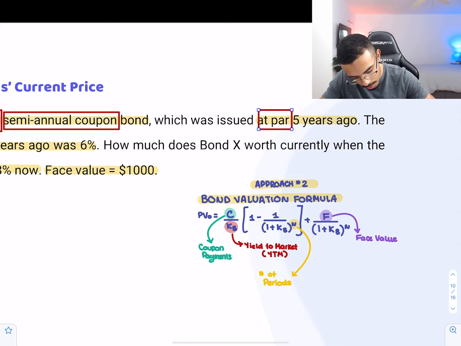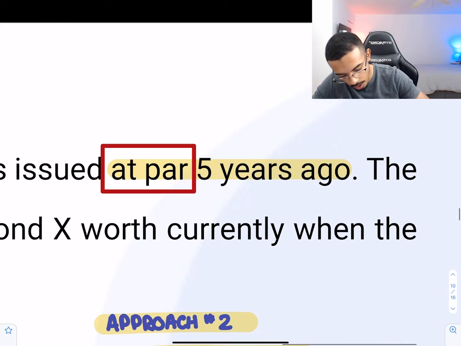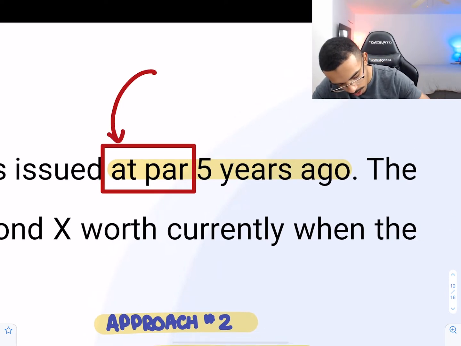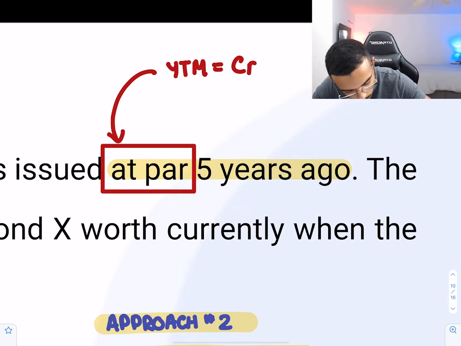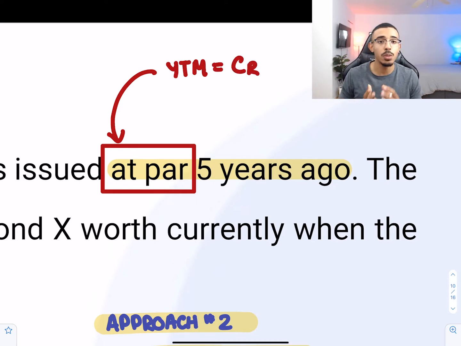And this essentially means, I'll zoom in for y'all, that YTM was equal to the coupon rate, okay? So the yield to maturity 5 years ago was equal to the coupon rate 5 years ago. This is going to be crucial for us when we want to calculate our coupon payments, okay?